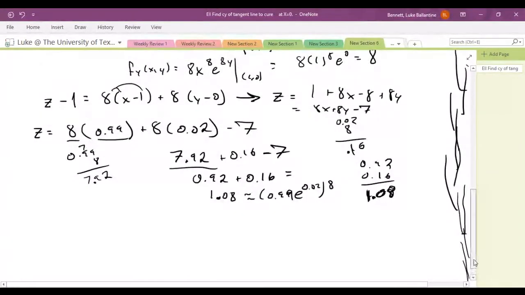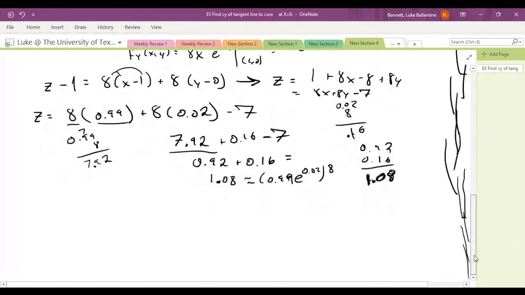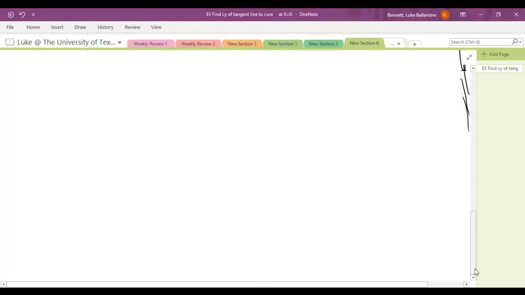Yeah, this is really annoying. I don't know why it doesn't give me more. Oh, I can do that. Oh my gosh, that just made my life 100 times easier. Okay, I just press the down button and it goes down.